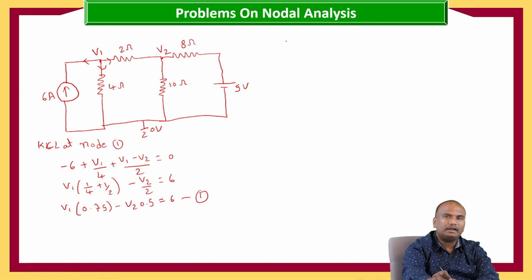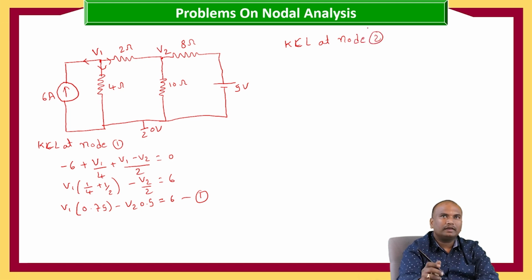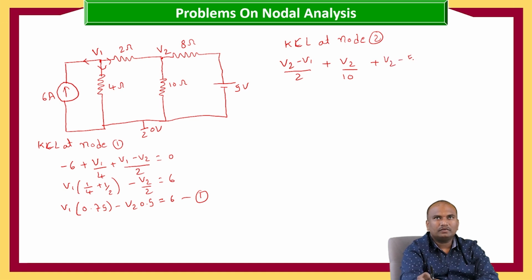Now KCL at node 2. That is (V2 minus V1) by 2 plus V2 by 10 plus (V2 minus 5) by 8, which is equals to 0.